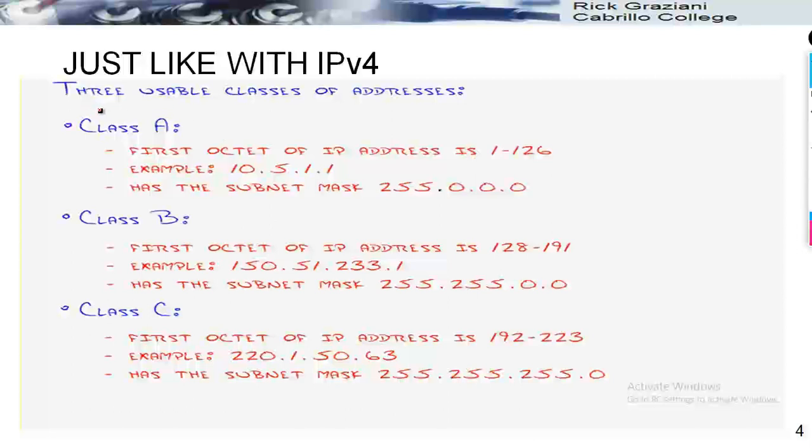So now with IP addresses, we have said that the least that you can have is 0.0.0.0, and the highest is all 255s.